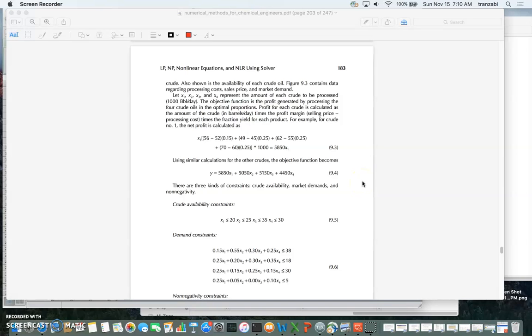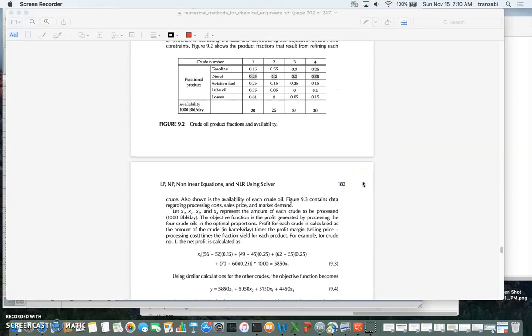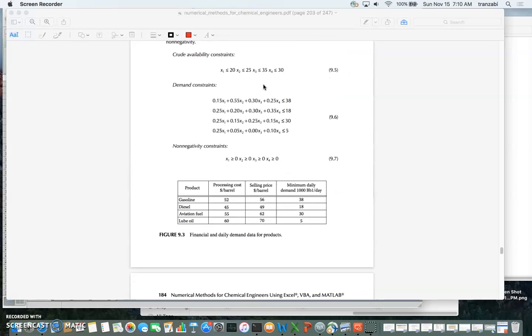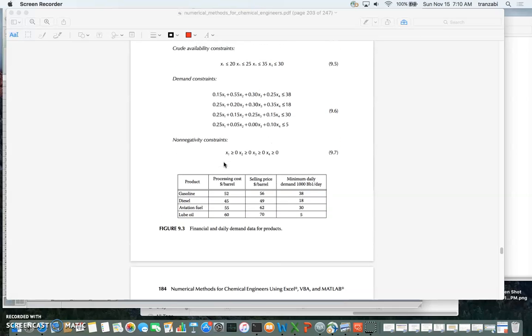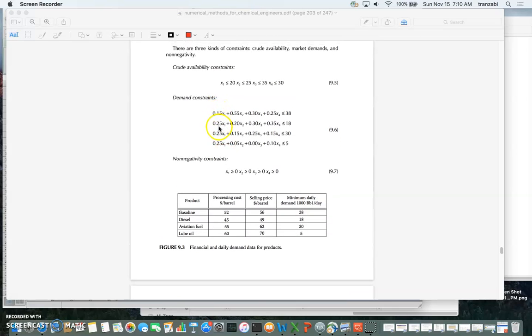We had two tables here, one on the fraction of the components for each product. I have 4 products here. And then we also have a table for the cost and gain for each component of the products. Okay, so we talked about these two constraints.